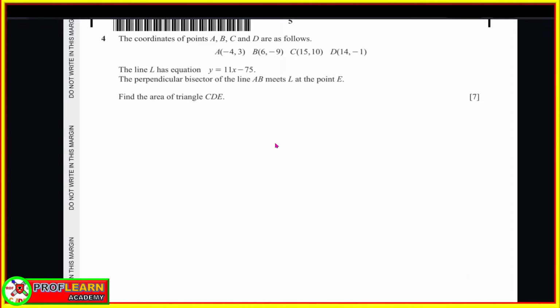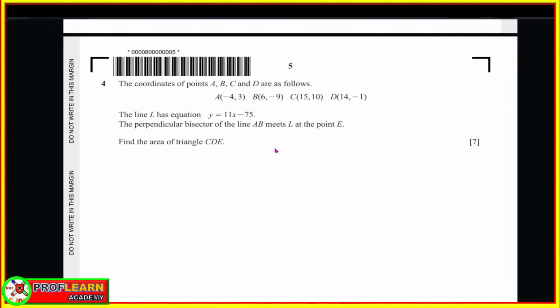In question number 4, we are given the coordinates of A, B, C as follows. Now the line has an equation. We are told about the perpendicular bisector of line AB.